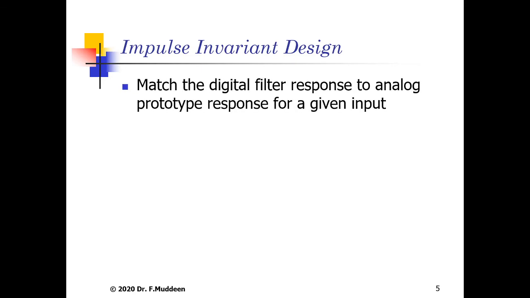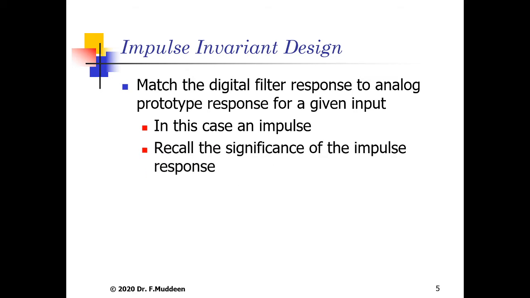So basically, we start matching the digital filter response to any analog prototype response for a given input. And in this case, we typically use an impulse. An impulse contains all frequencies, so we subject any system or filter to all frequencies to obtain the frequency response of the filter.